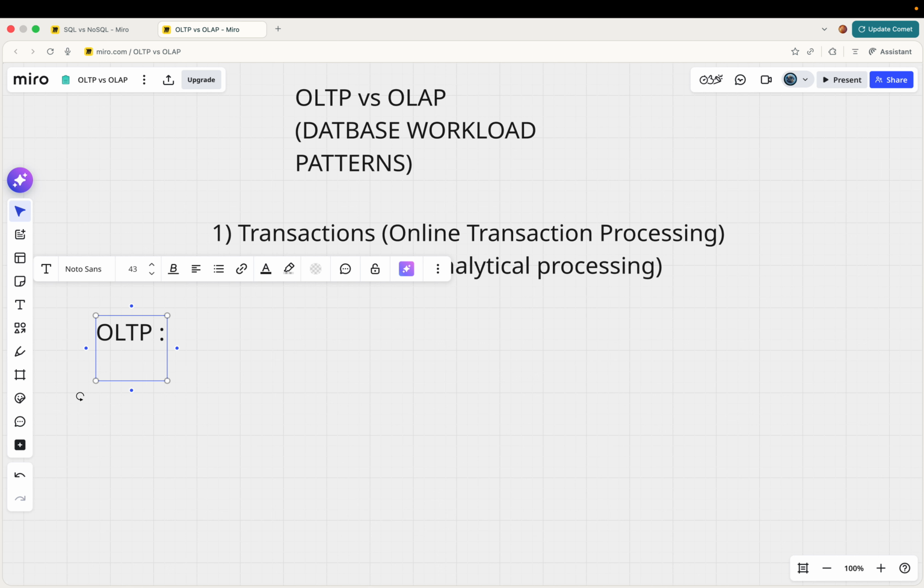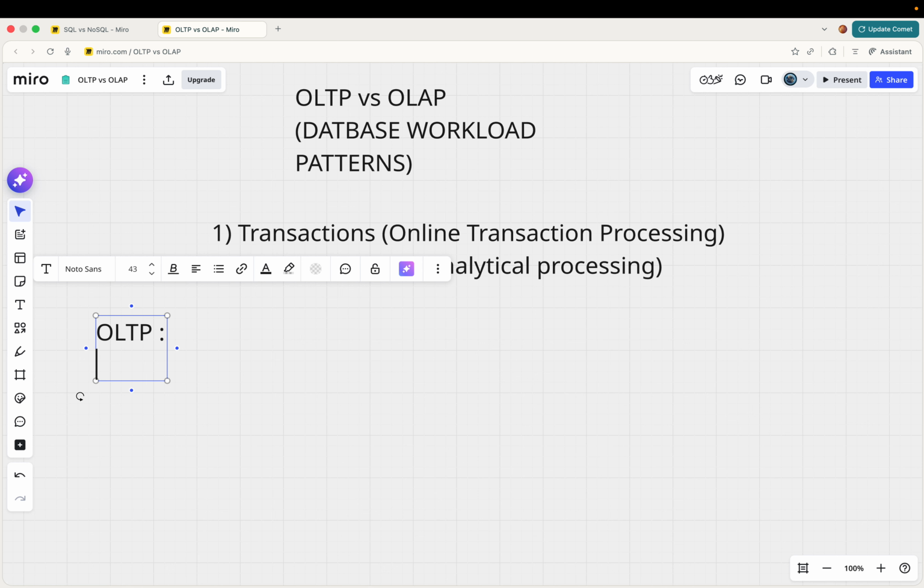That gets reflected in the database. This kind of event occurs from a thousand to a million times a day based on the company scale. For this we use OLTP, and because each operation should be very quick, the database should be OLTP optimized.